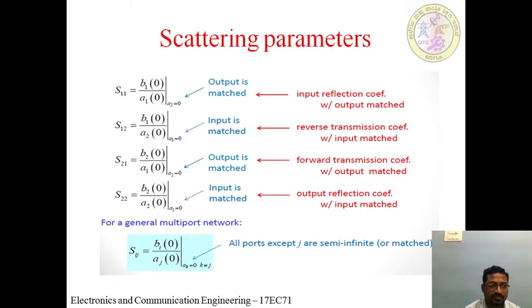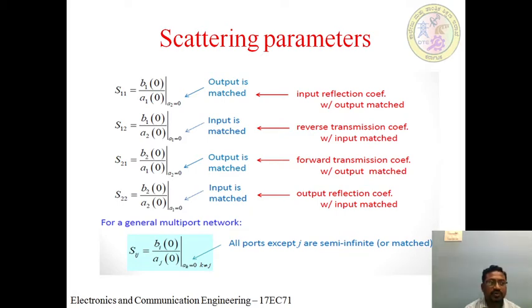That is called the input reflection coefficient with output matched, a2 equal to 0. Then in order to calculate S12, we have to consider a1 equal to 0. If a1 is equal to 0, then S12 is equal to b1 divided by a2, that is, input is matched. So this is the reverse transmission coefficient with the input matched, a1 equal to 0.